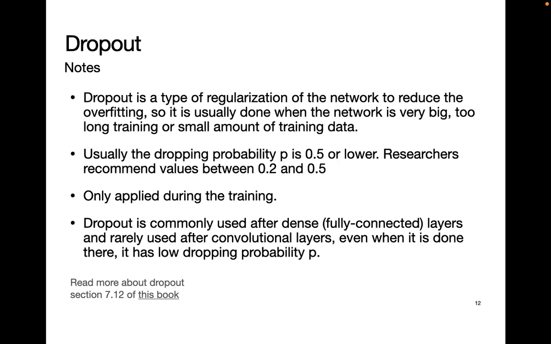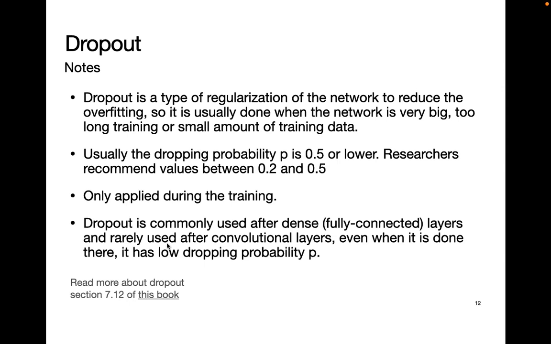You can still do it in the convolutional layers, but make sure that you set the probability of dropping a neuron very low, because in your convolutional layers you already have small dimensions. Your weight is just the size of your filter. They are small enough, so if you want to drop some of them, make sure that the dropping probability is very low.